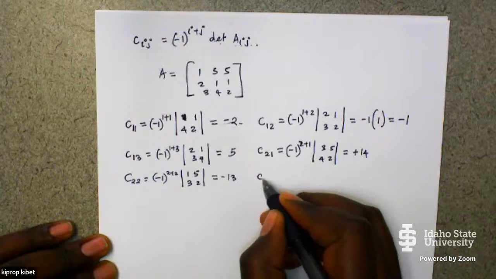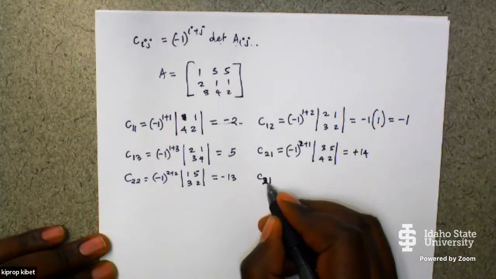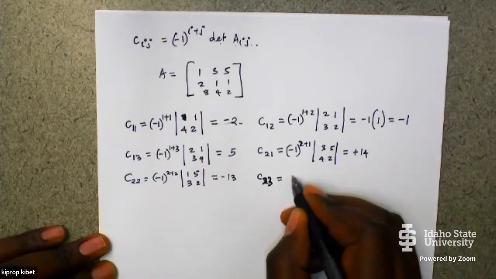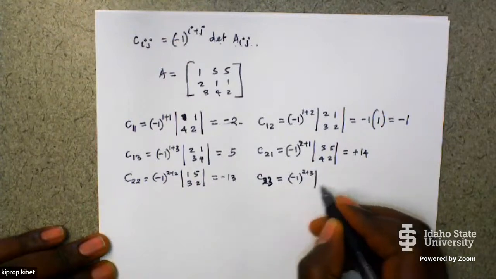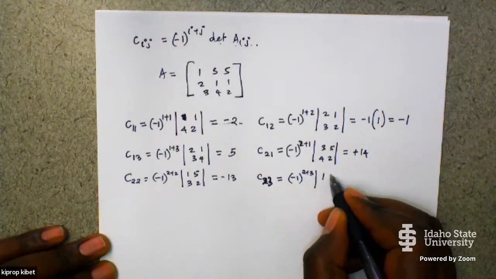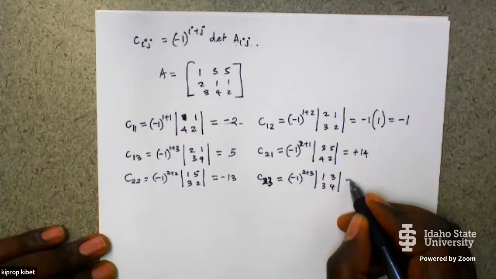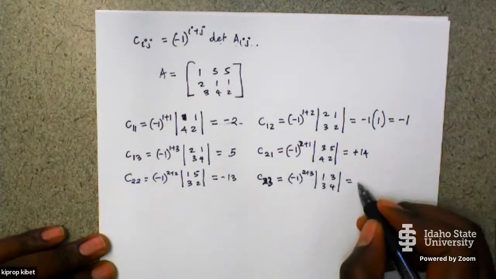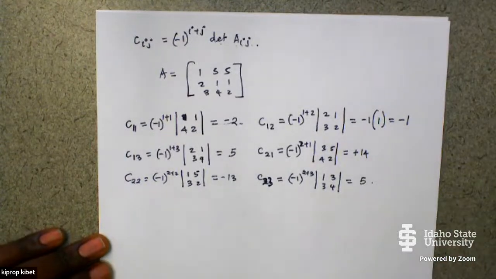And then C23 equals minus 1 raised to 2 plus 3, determinant of 1, 3, 3, 4, which is negative, so we get 5 there.